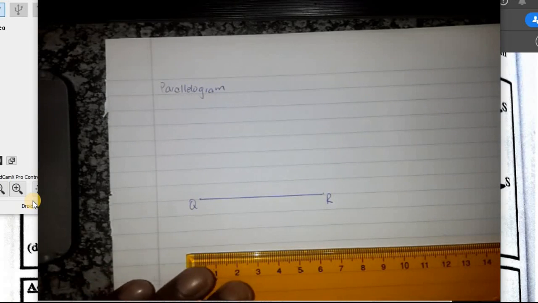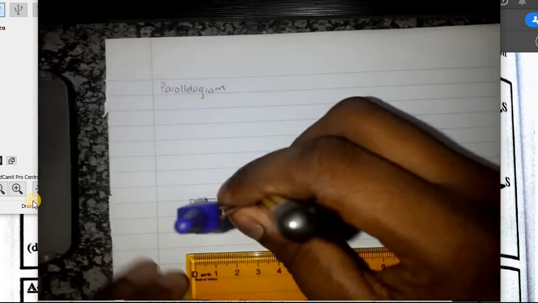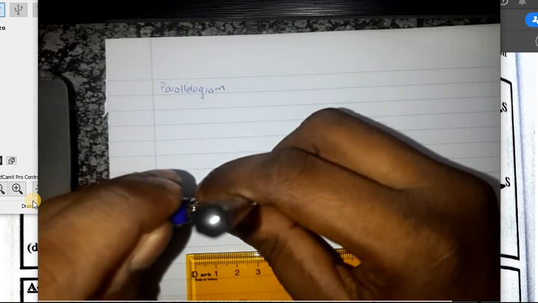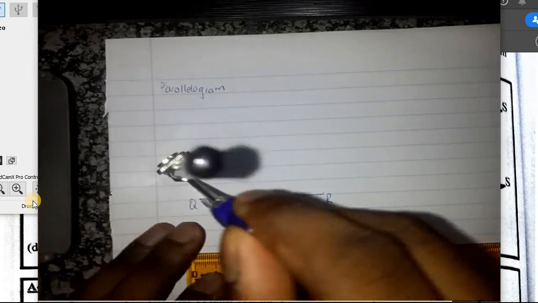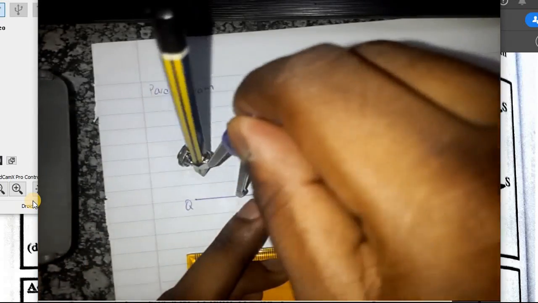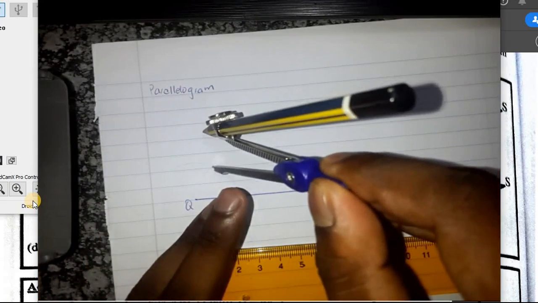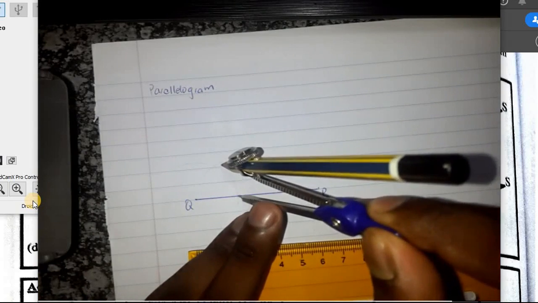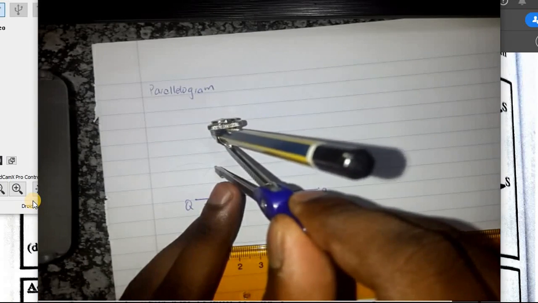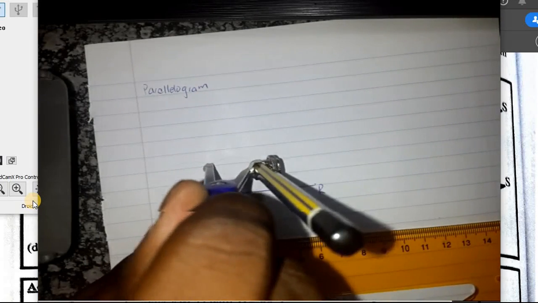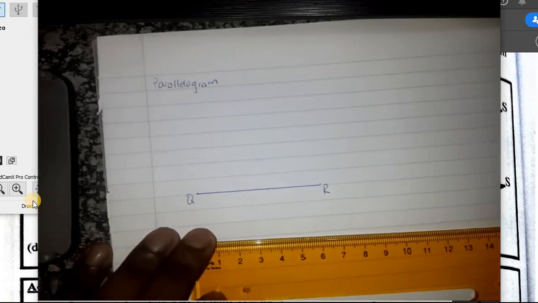Okay, 30 degrees. How do we construct the 30? Let's remember. There. That's a 60. Sorry, that's a 60. 30. Bisect that.